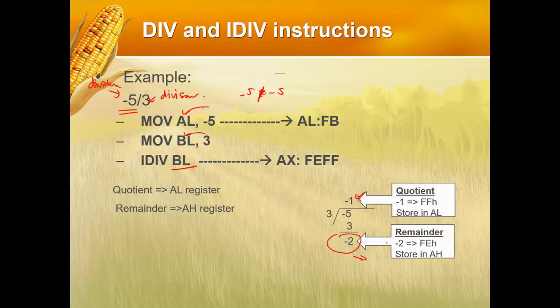So they have to be in two's complement lah, these two numbers. So negative 1 is FFH in the AL as the quotient, and then your remainder negative 2 will be represented as FE and will be stored into the AH. So your AX value will be FEFFH. Okay.